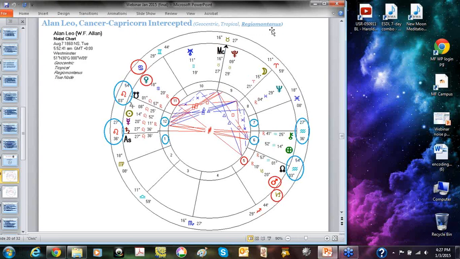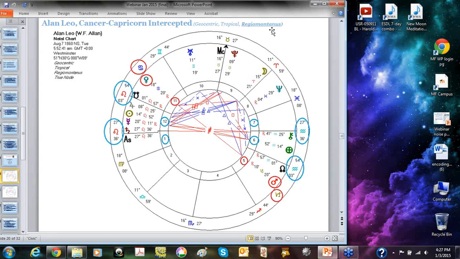And these were the relatively new house systems, and they were established to avoid the huge houses that would appear with those born on the very high latitudes of the hemisphere. So this makes things a little more even, but it still allows you to have intercepted signs.